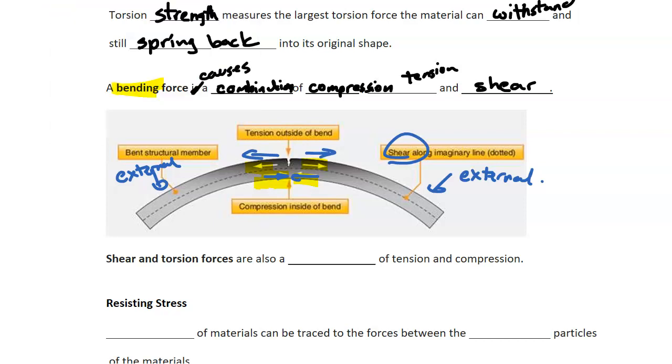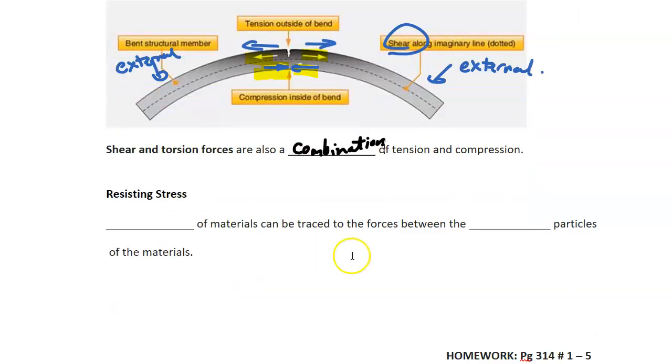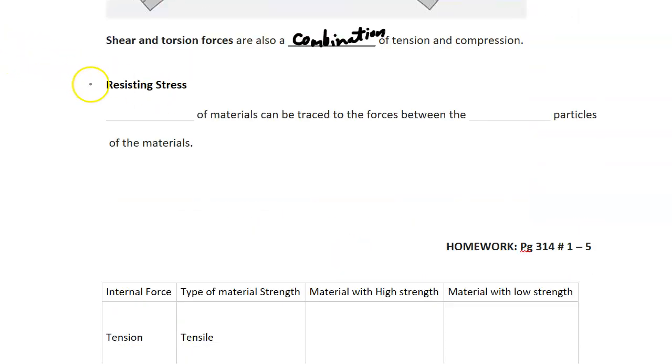Okay. Now, shear and torsion forces really usually are just various combinations of tension and compression too, and so we see tension and compression happening. Each material, as we've already alluded to, has a strength for each of these four basic internal forces.